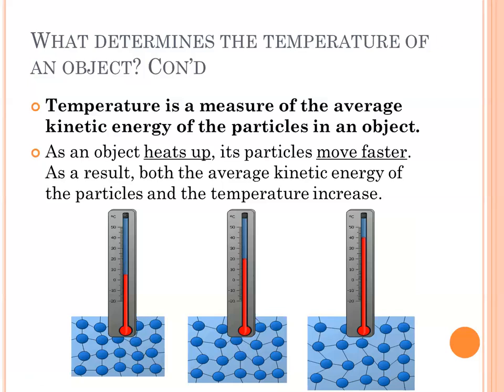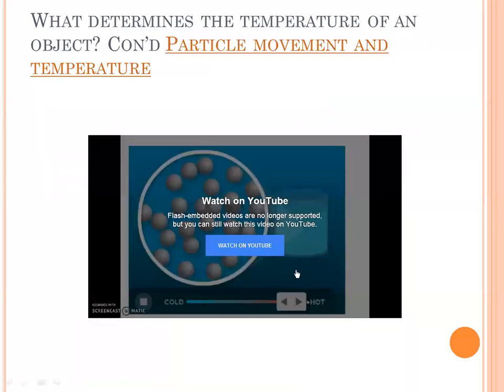So again, just a review: temperature measures the average kinetic energy of the particles in an object. As an object heats up, its particles move faster and faster. You can go online and actually see images like this, and you can see the particles moving.